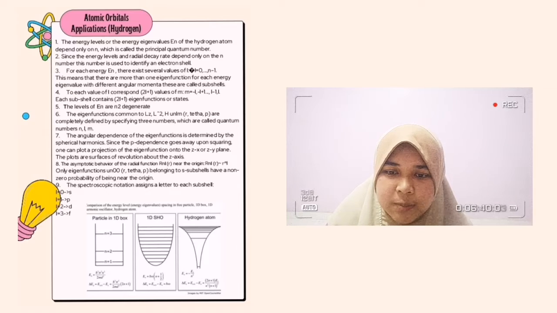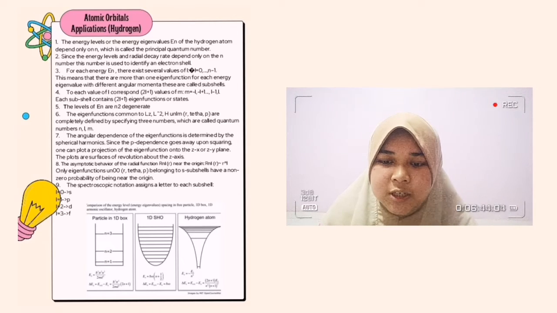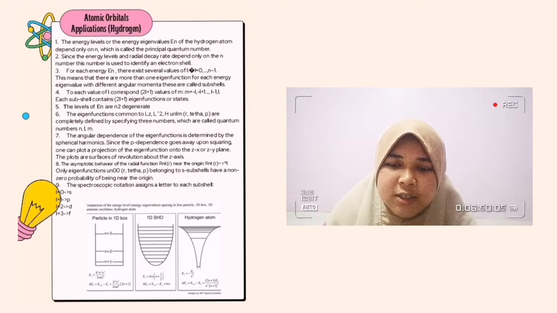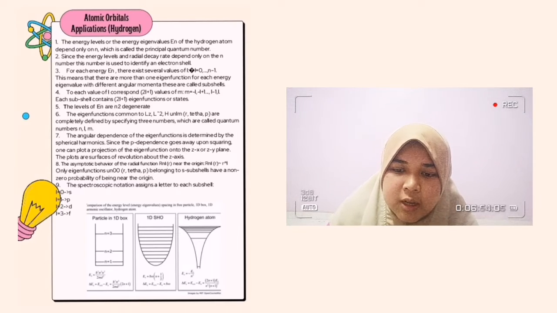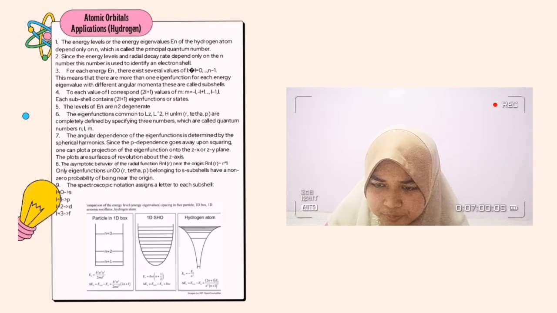Since the phi dependence goes away upon squaring, one can plot a projection of the eigenfunctions onto the zx or zy plane. The plots are surfaces of revolution about the z-axis. The asymptotic behavior of the radial function near the origin is almost r to the power of l.